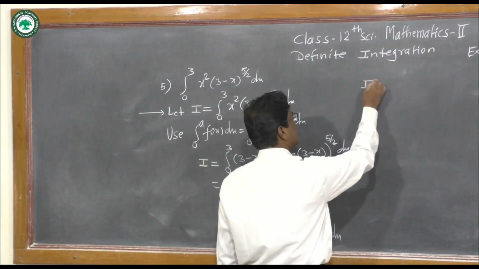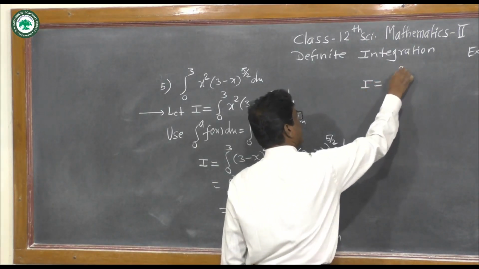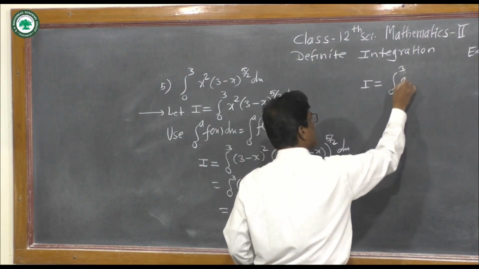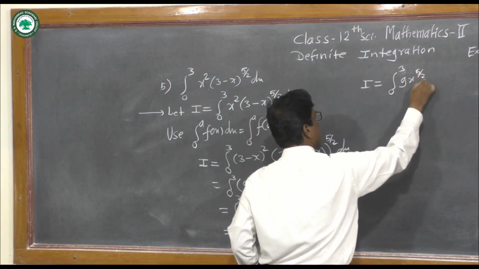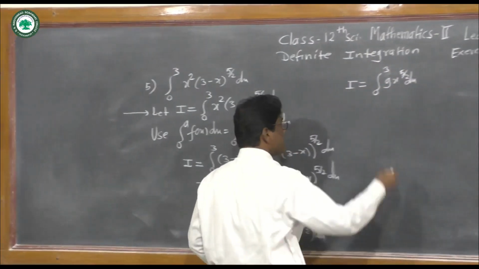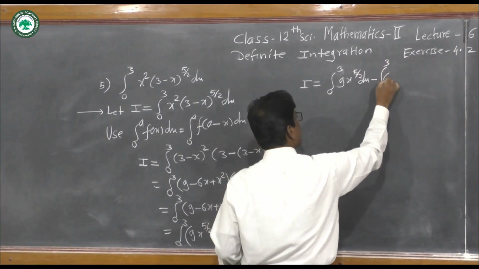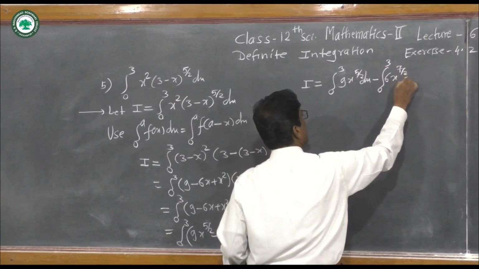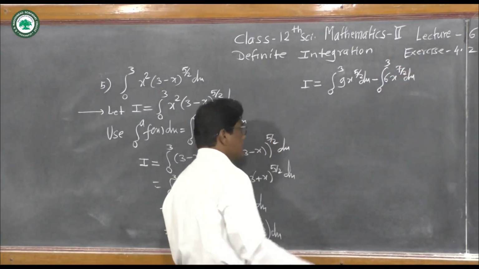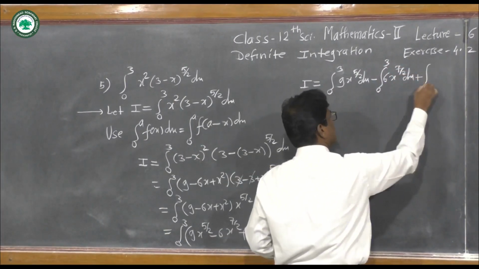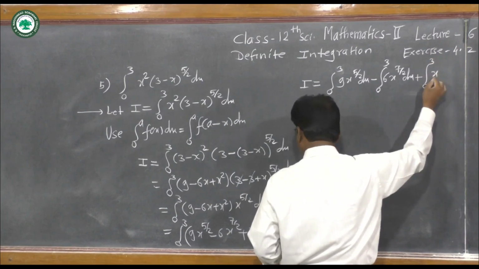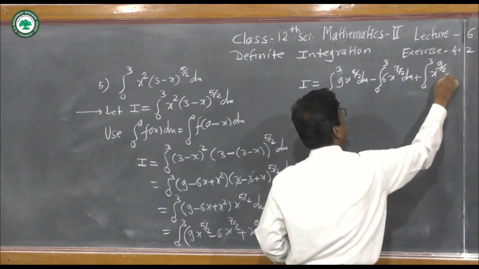So I is equal to integration 0 to 3 9x to the power 5 by 2 dx, then minus integration 0 to 3 6x to the power 7 by 2 dx, then plus integration 0 to 3 x to the power 9 by 2 dx.